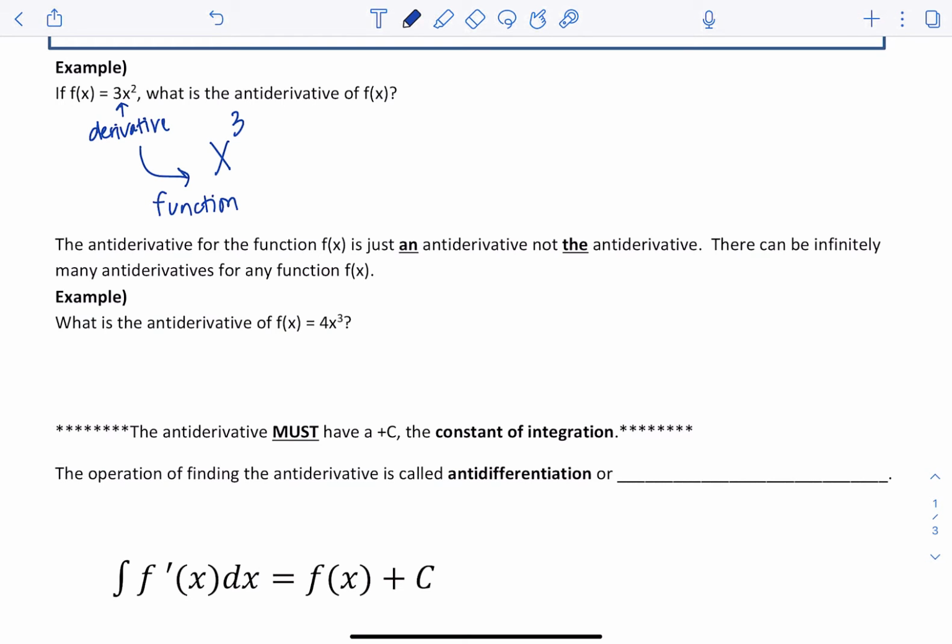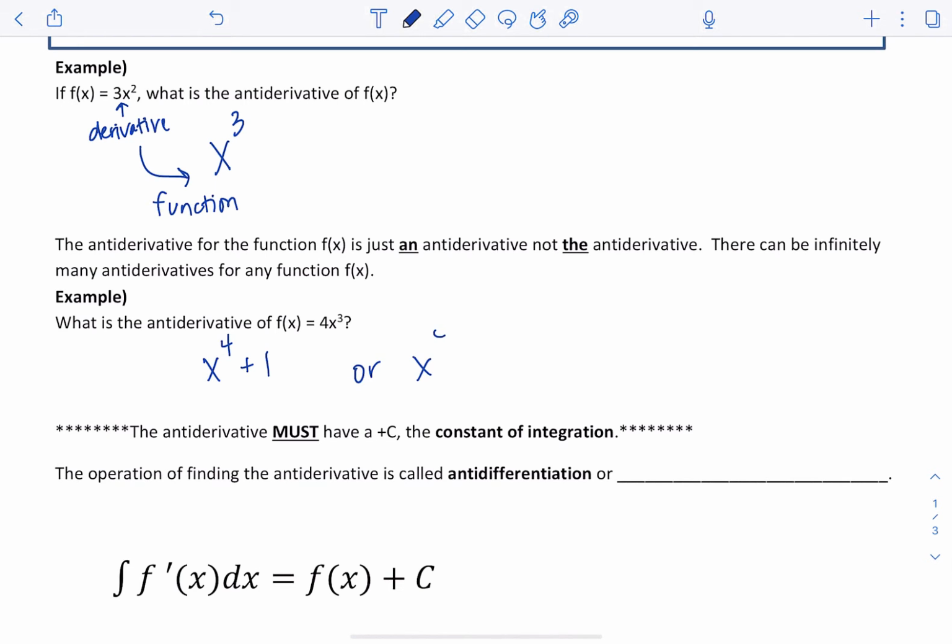So let's think about this one, 4x cubed. Its antiderivative would be x to the 4th. However, couldn't it also be x to the 4th plus 1? What would that derivative be? Well, it would be 4x cubed, and then the derivative of 1 is 0.